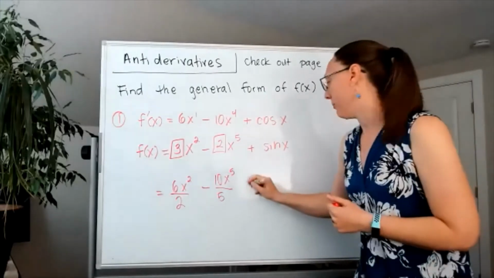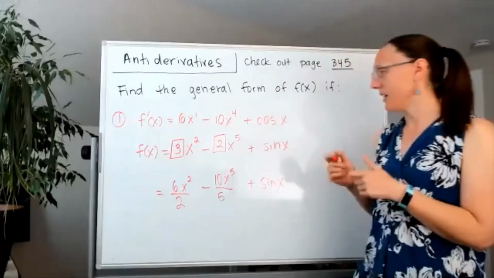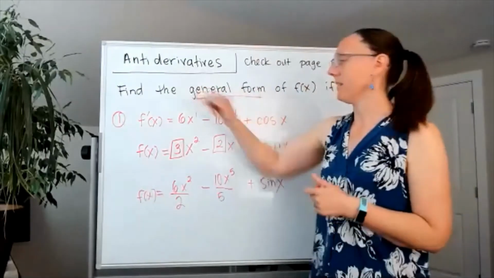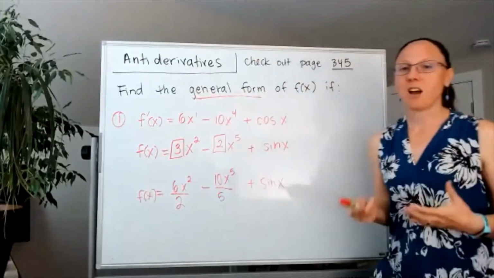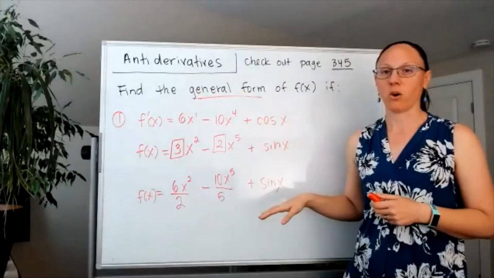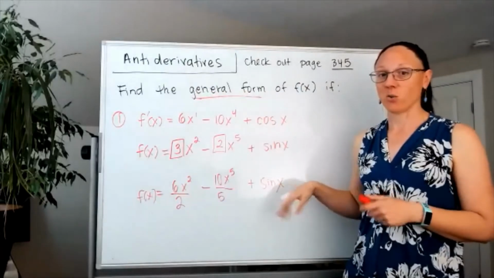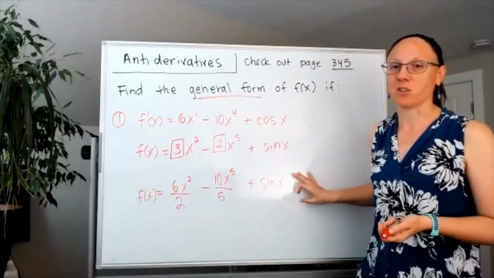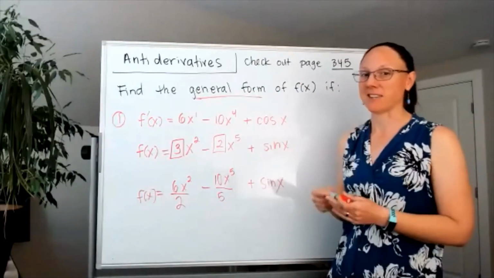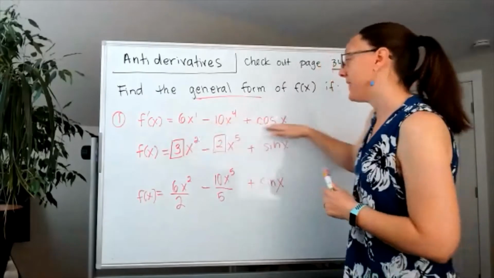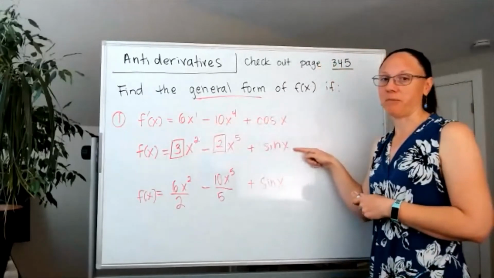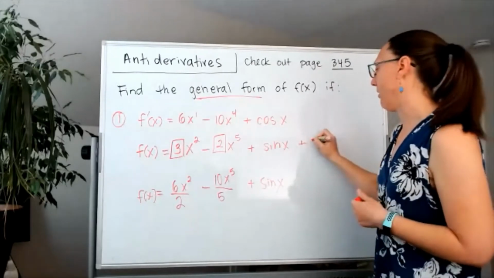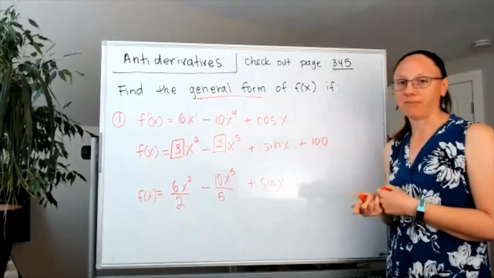There's another piece to this, and that is hidden in this word general. So when we talk about the general form for our f of x or our antiderivative, there's a piece that we always need to be careful to put on the end. And that's because this is the derivative of this function, but this derivative, it is also the derivative of that function.